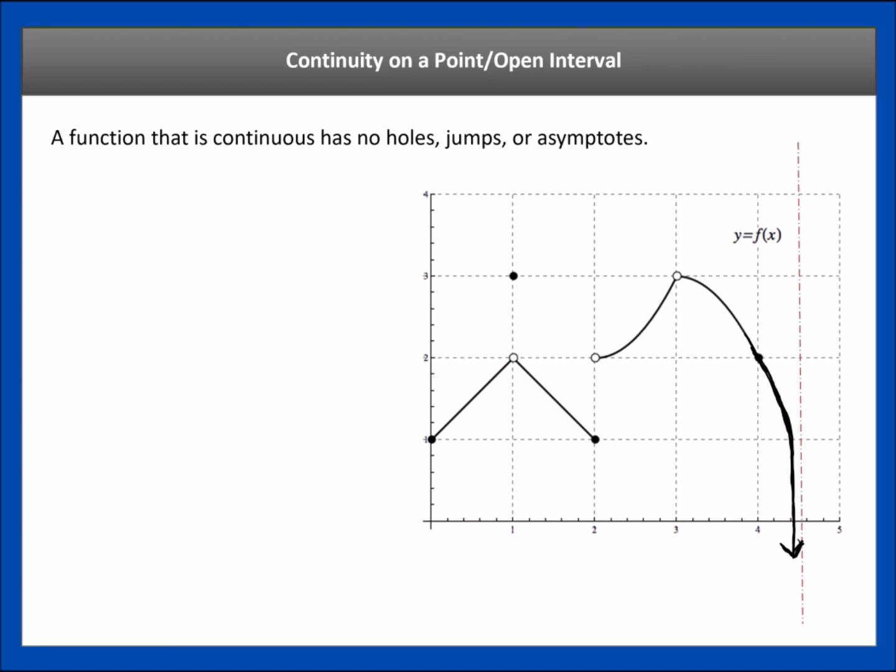In the same way, we have holes, jumps, or asymptotes. There are different types of discontinuities. So there's removable and non-removable discontinuities. This first one here is a removable discontinuity, and we'll talk about what that means later. This other one is a jump discontinuity because I have to jump from one curve to the other in order to continue the graph. And then we have another removable discontinuity.